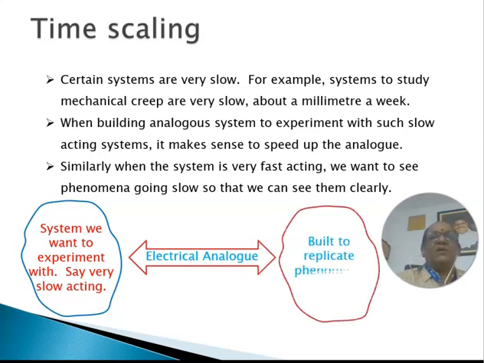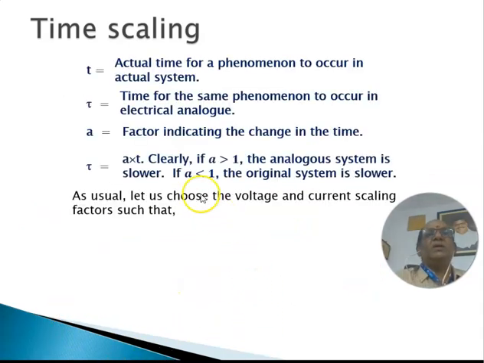So experiments could be replicated with exact dynamics very quickly in the electrical system. To achieve this, for slow acting systems, to speed up the dynamics, we have what is called time scaling. We will try to see what this time scaling is.